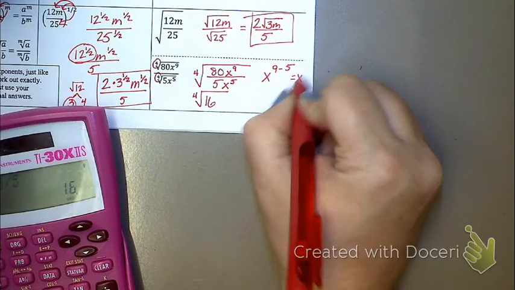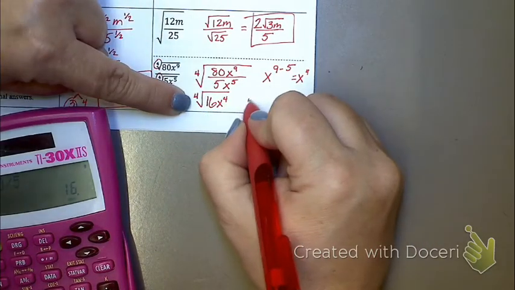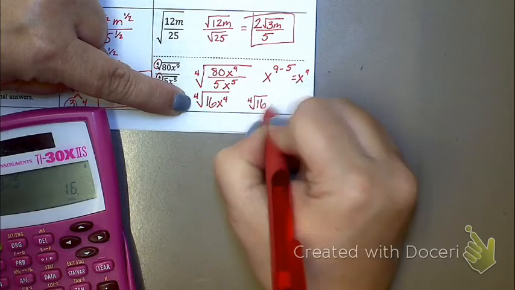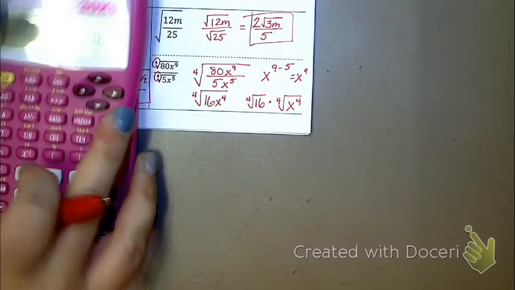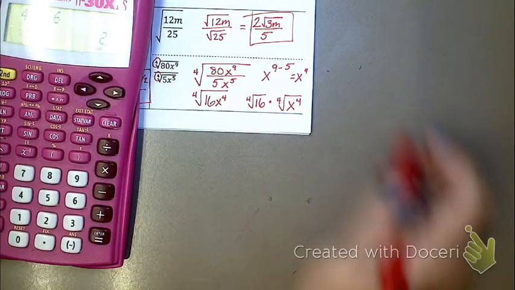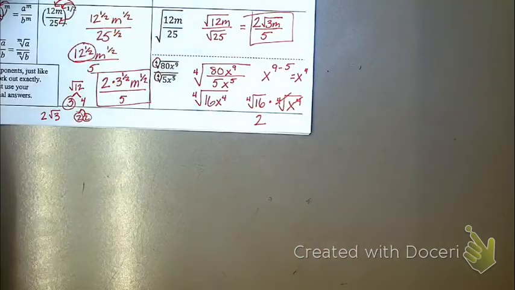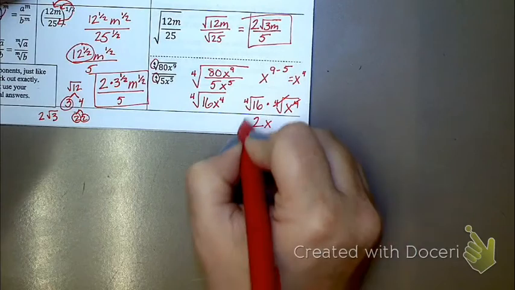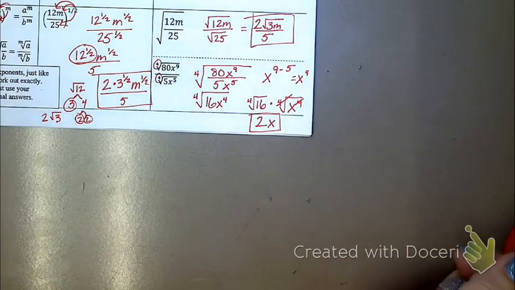That gives me x to the 4th. So if I split this up, 4th root of 16 times the 4th root of x to the 4th, well, what's the 4th root of 16? It is 2. And then the 4th root of x to the 4th is going to cancel and leave me with just an x. So that simplifies all to 2x very nicely.